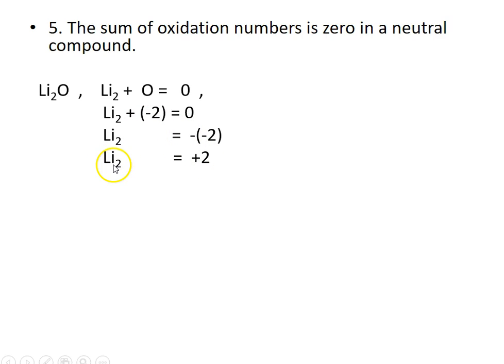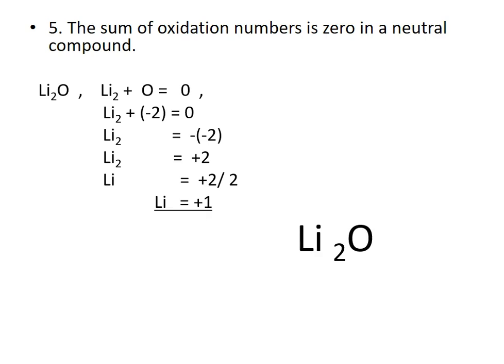You've got 2 of them, so if we divide that by 2, then each one of them is 1 plus, which is what we knew anyway, that lithium has a 1 plus charge, so its oxidation number must be +1.